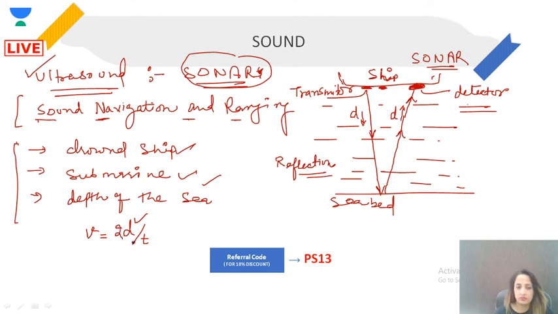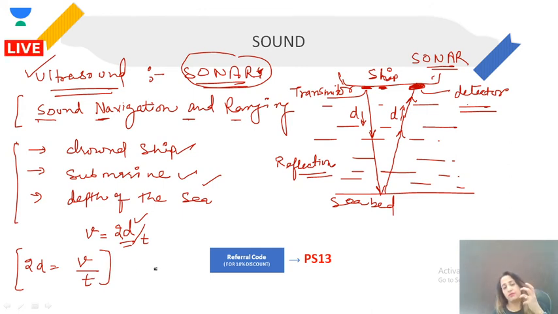So the distance we can calculate as 2d equals the velocity of the ultrasound waves times the time taken, and this will give us how far the seabed is. So this is a great device. In your higher classes you will get into more details of how sonars work, and I just gave you a very basic idea of the theory behind sonars.